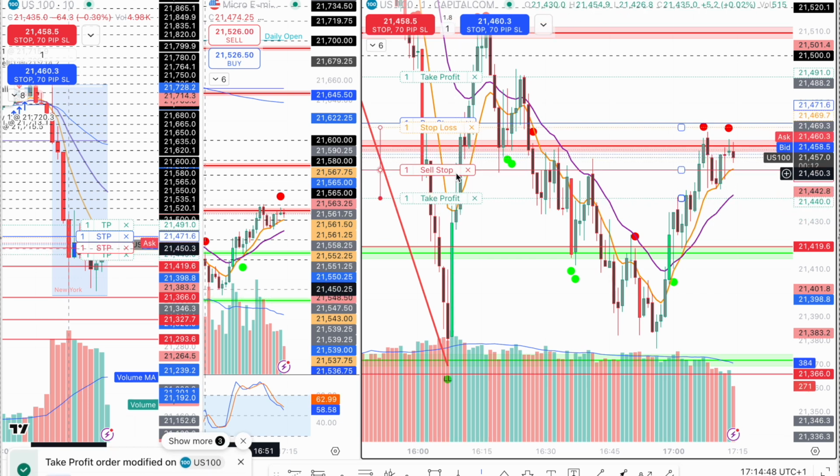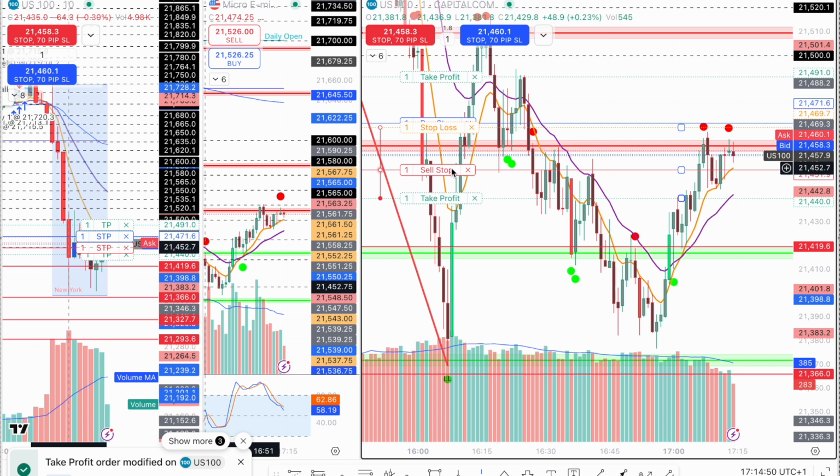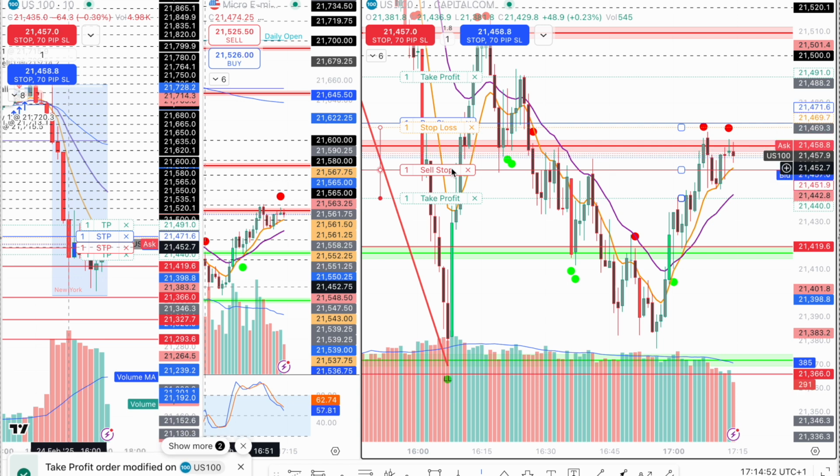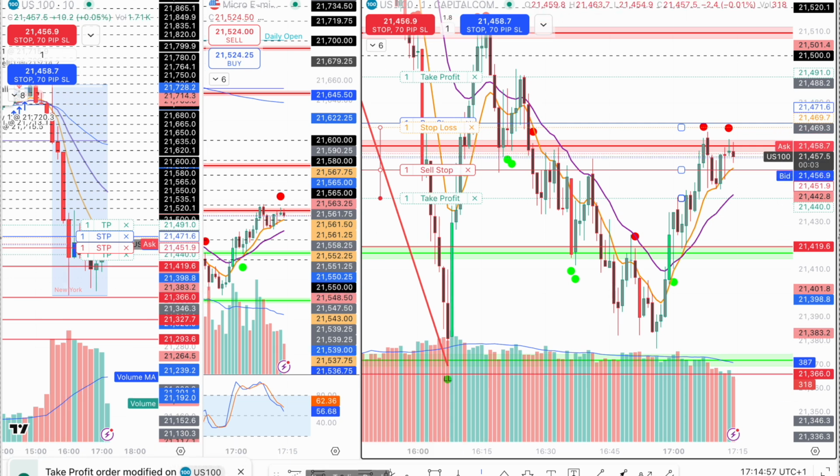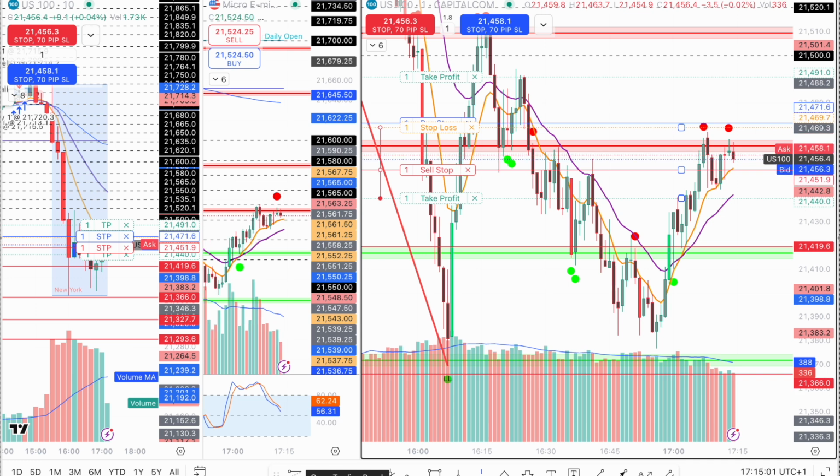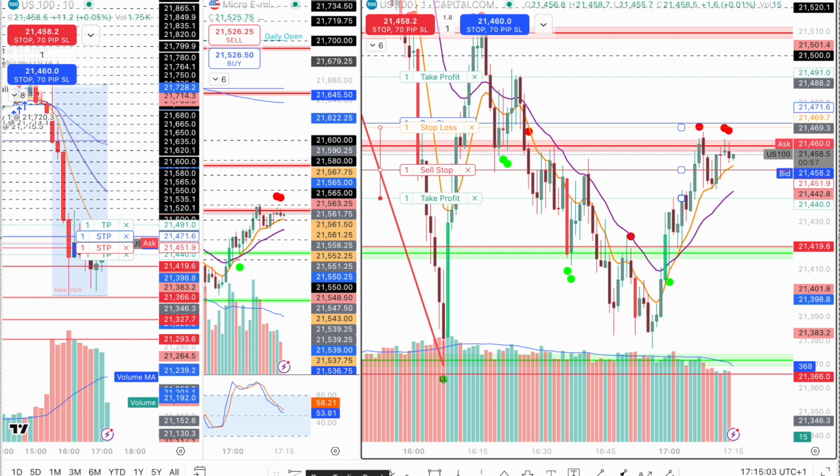But what I do have in the middle, I also have the NAS future, because I've been finding with the CFDs, you don't really get the volume information that's useful. You can see it here.